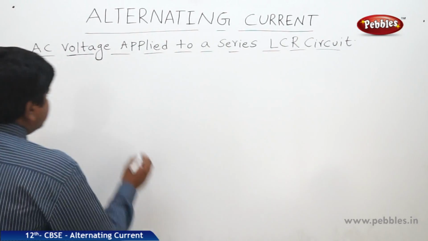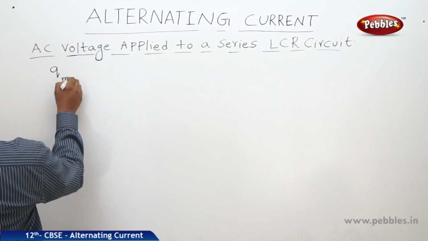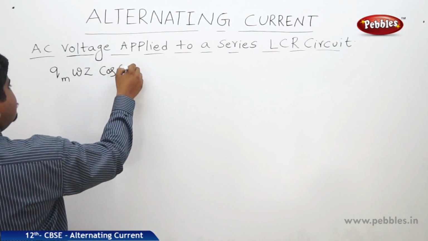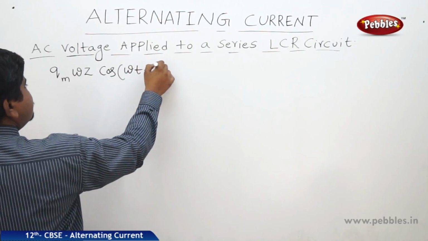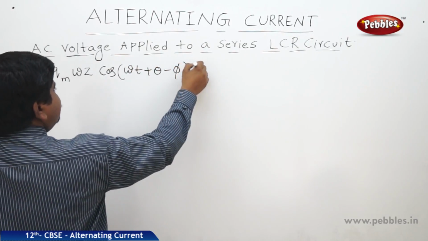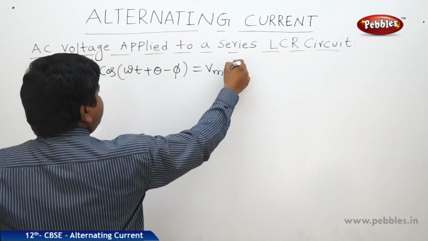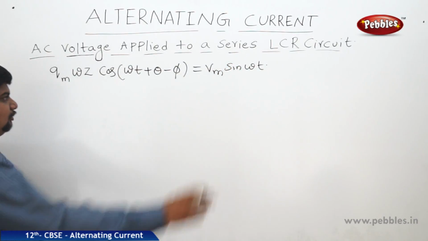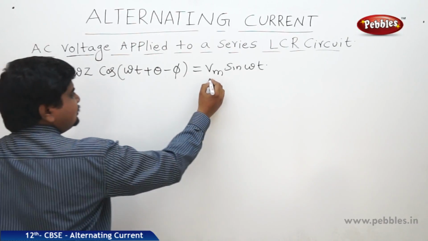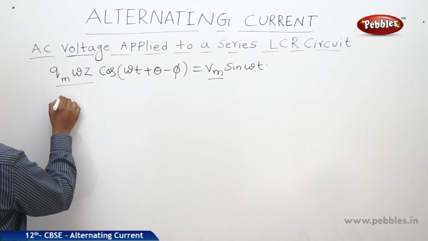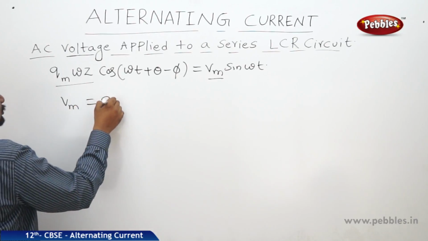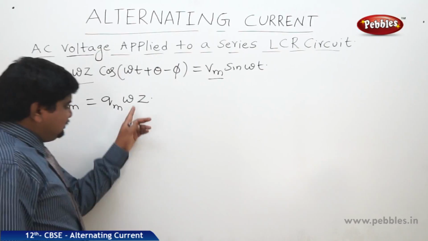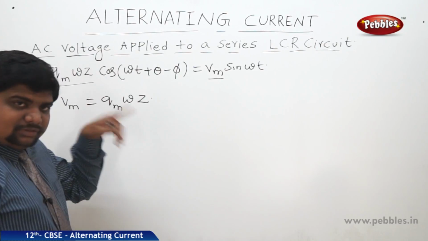So we got the equation like this: qm omega z into cos(omega t plus theta minus phi) is equal to Vm sin omega t. Now I am trying to compare the whole equations. Vm is equal to qm omega z, where z is similar to the resistance.